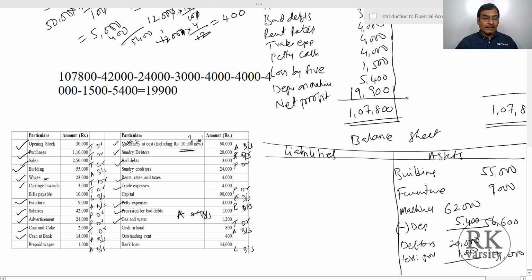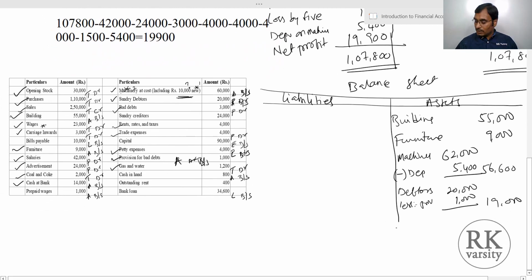Then sundry creditors, rent, rate. Here, have we entered the cash at bank? No. Cash at bank 14,000. So we entered. Then you have cash in hand 800.